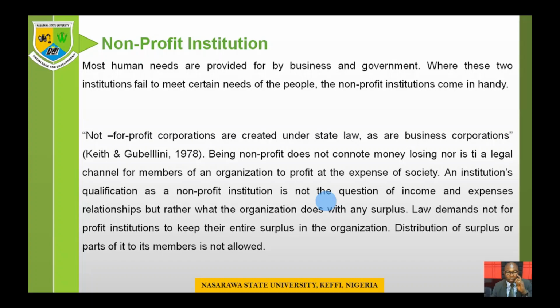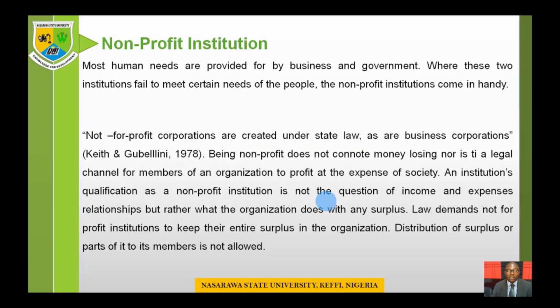You will recall that most human needs are provided for by either business or government. Where these two institutions fail to meet certain needs of the people, non-profit institutions come in handy.